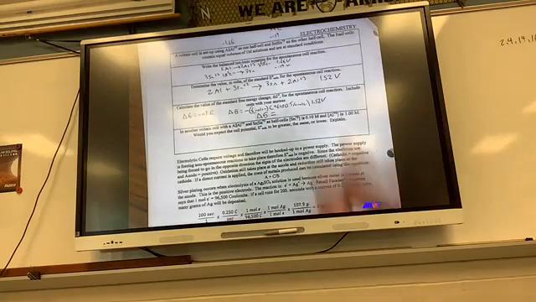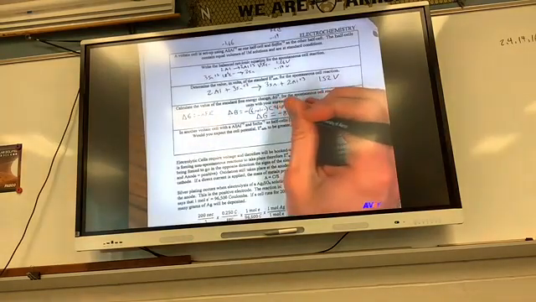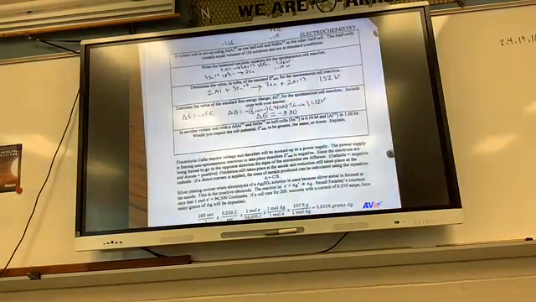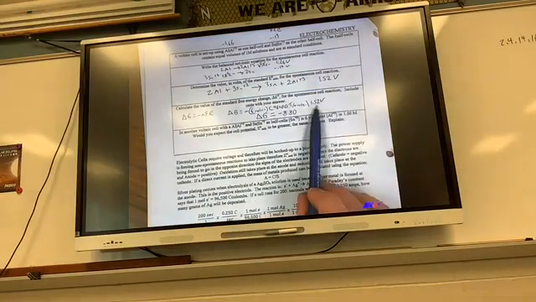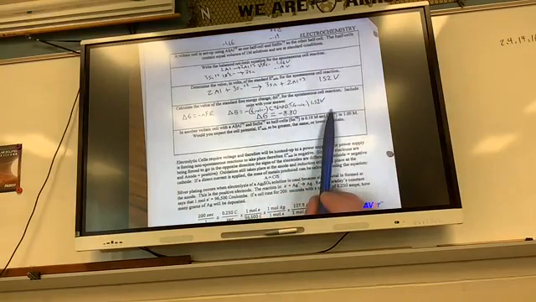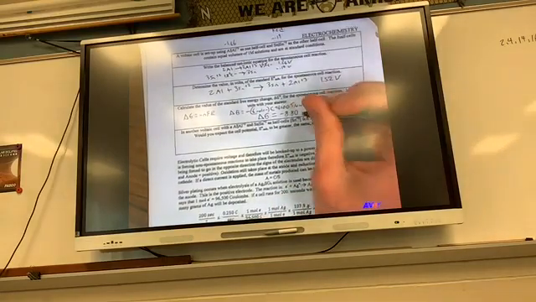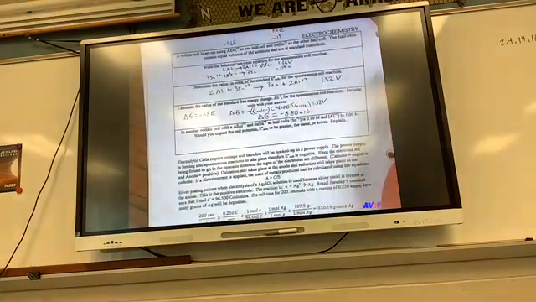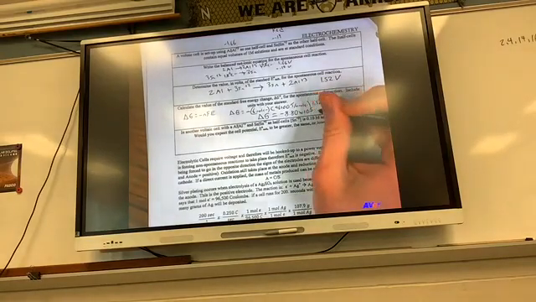Negative 8.80. Because you would agree the only thing I measured was this voltage, and Faraday's constant is a constant. So I'm getting my 880 from there, times 10 to the what? 1, 2, 3, 4, 5. Fifth joules.